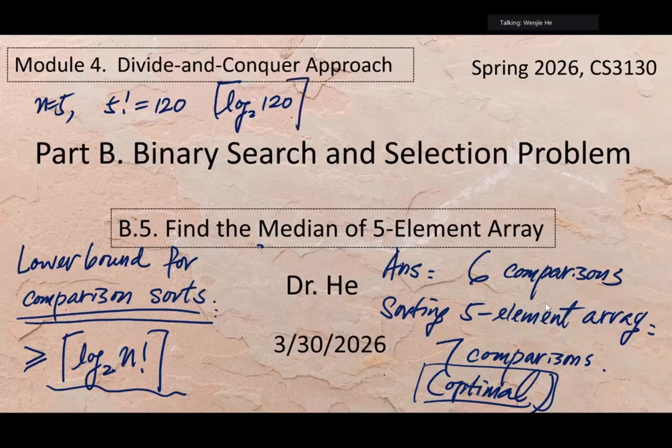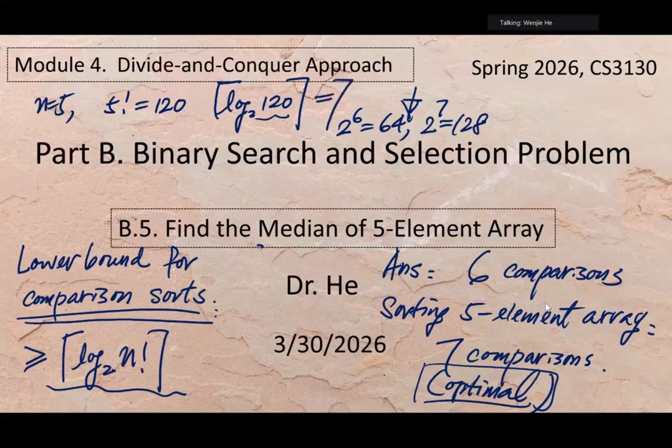We know 2 to the 6th equals 64, and 2 to the 7th equals 128. So 120 is between these two powers of 2, so it is 6 point something, and the ceiling is 7.